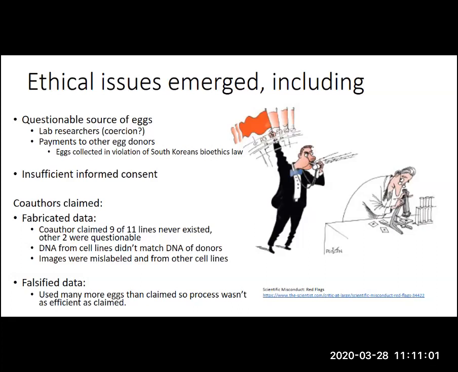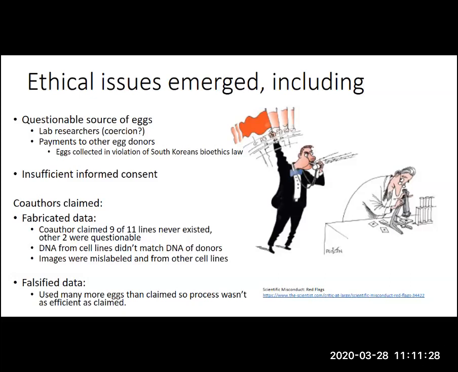More significantly, some of the co-authors started to raise questions about the actual findings. One of the co-authors said, almost as soon as the 2005 paper came out, that 9 of the 11 cell lines that were claimed in the study never existed, and 2 of the remaining lines were of questionable origin.